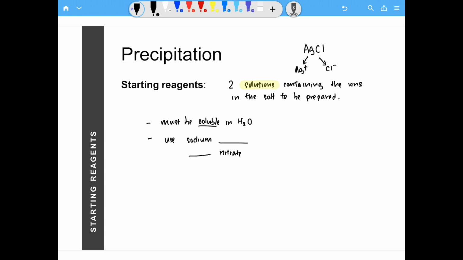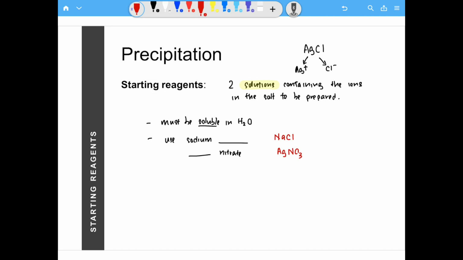So in the example of silver chloride, we need to use sodium something, so we can use sodium chloride, and we need to use something nitrate, so we can use silver nitrate. Essentially, by mixing the 2 solutions, sodium chloride and silver nitrate, we'll end up with silver chloride.